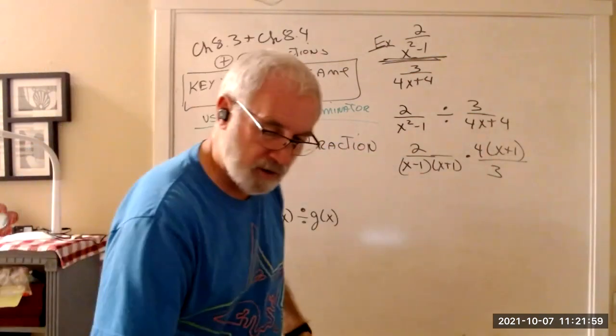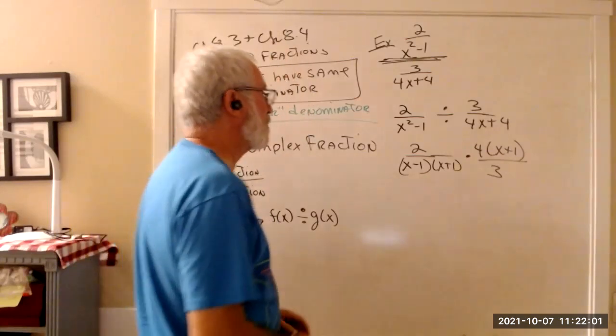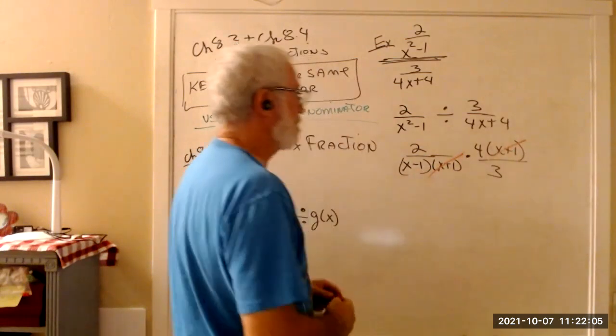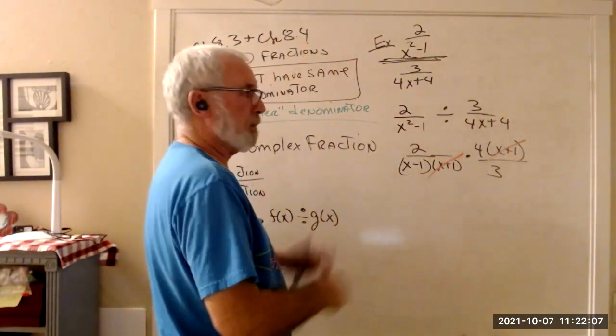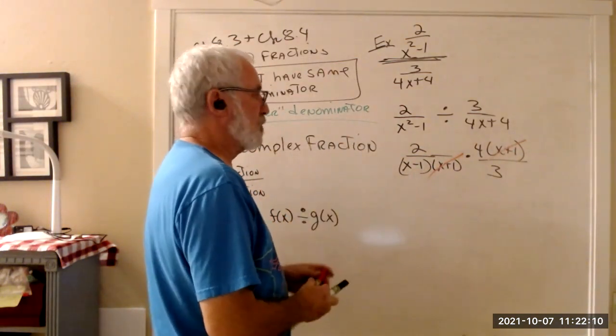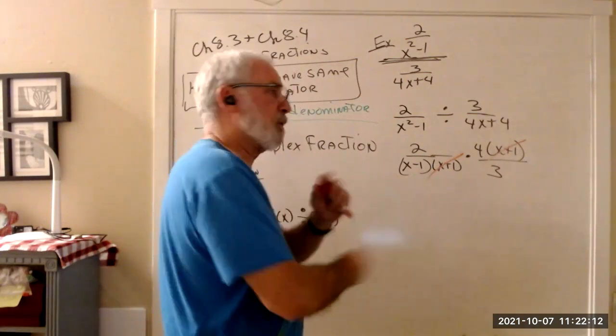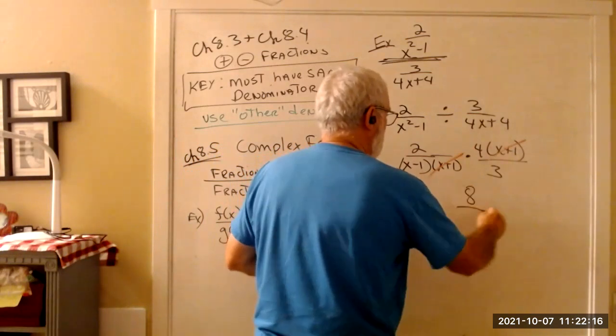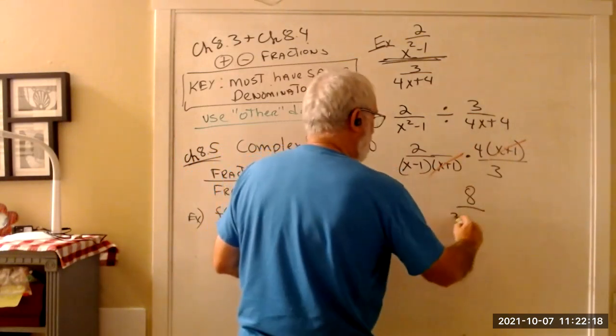Now I'm looking to see who cancels. The x plus ones cancel. Nobody else cancels. That's cool. So the rule was multiply the tops. 2 times 4 was 8. Leave the denominator factored.